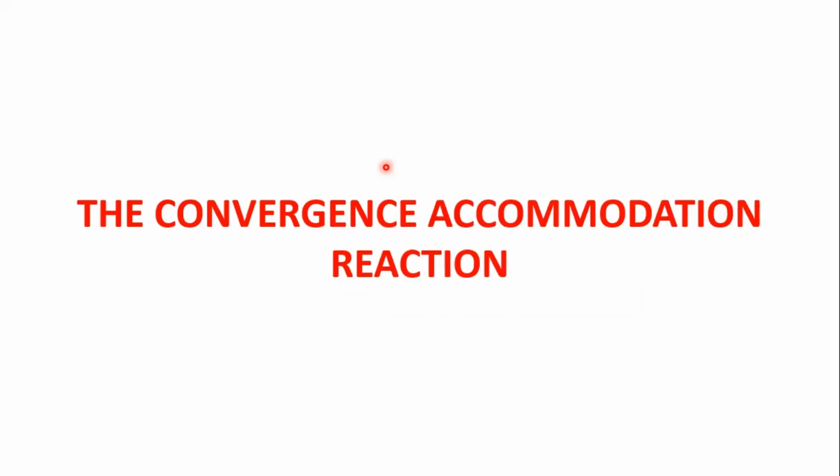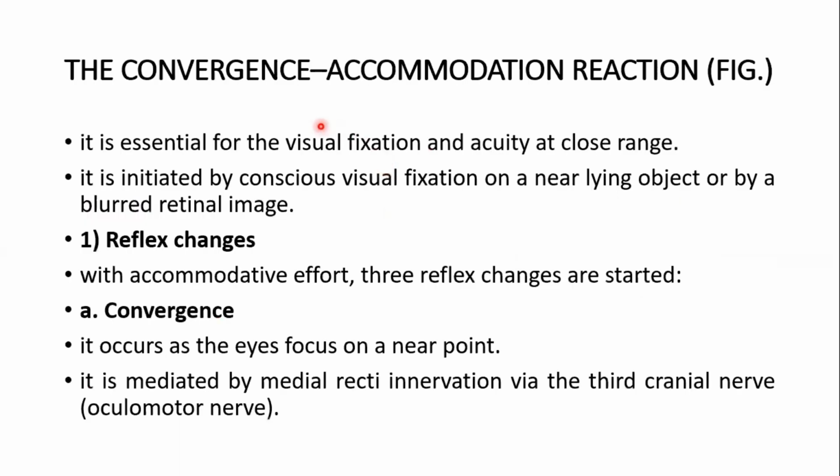Now the convergence accommodation reaction. It is essential for visual fixation and acuity at close range. It is initiated by conscious visual fixation on a near-lying object or by a blurred retinal image. Number one, reflex changes.